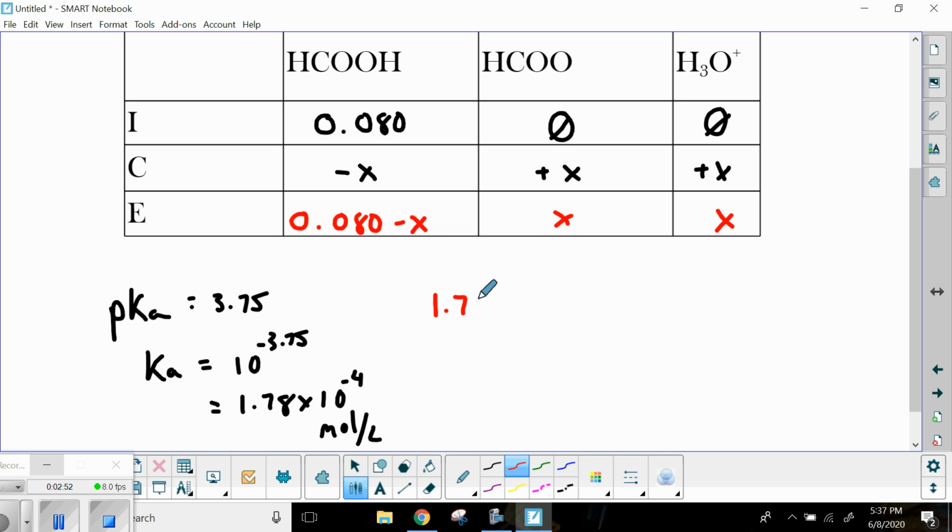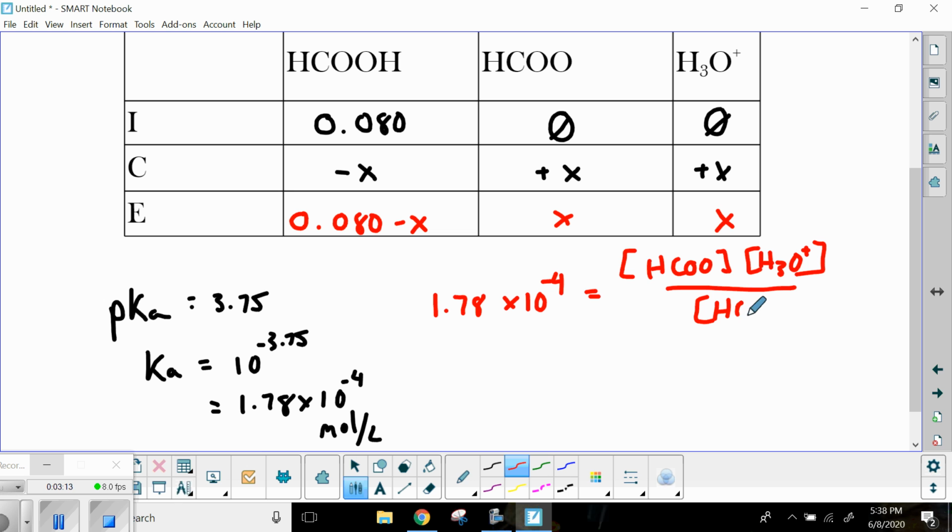I get 1.78 times 10 to the negative 4th equals the concentration of HCOO minus, times the concentration of H3O plus, all over the concentration of HCOOH.